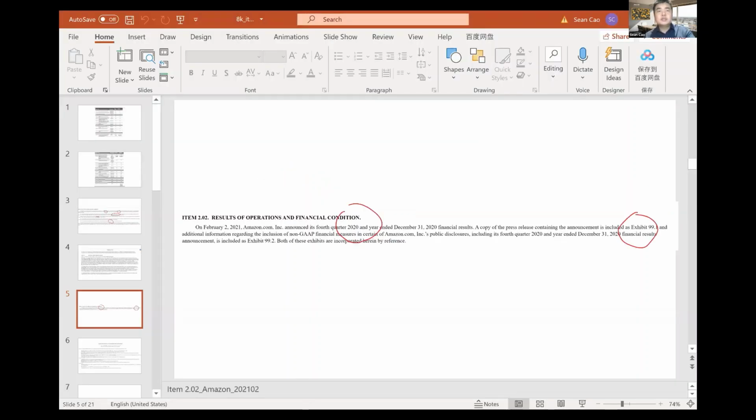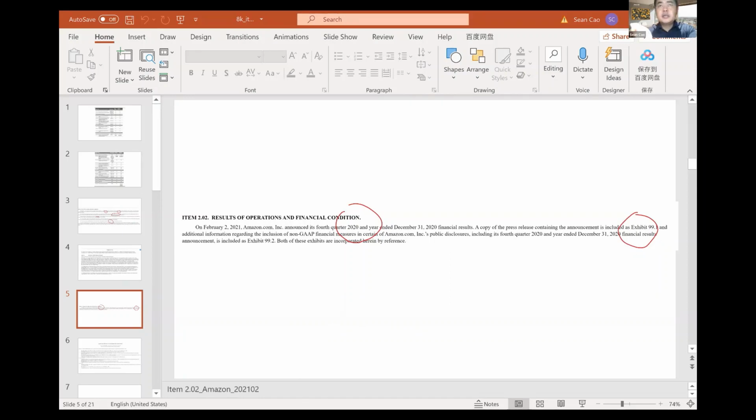Are you wondering, we can get all this information from the quarterly report and the annual report, so why do we need to analyze the 8-K to get these financial numbers? The answer is the numbers here are disclosed before the quarterly report and annual report. Does that make sense?